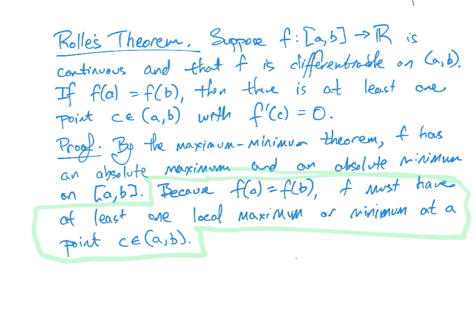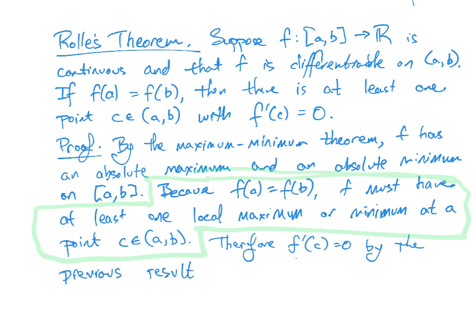Well, once we've found a local max or a local min on the inside of that interval, we're done by the previous result, right? Because our previous result set our derivative to 0 there. The proof seems really short, but of course we use the maximum minimum theorem.